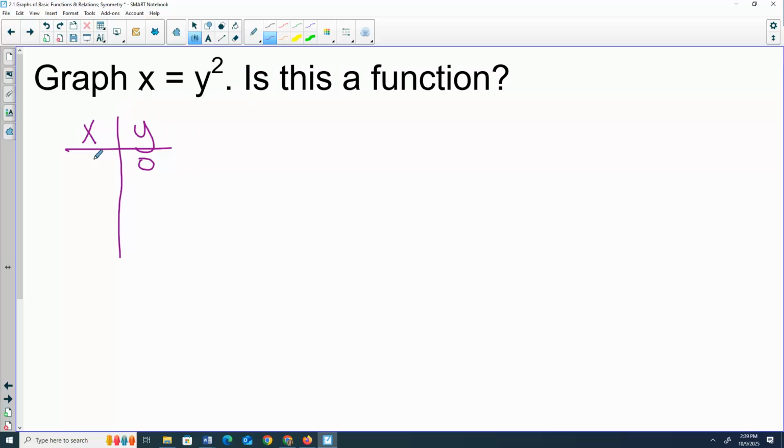So if my y is 0, 0 squared is 0. If y is 1, 1 squared is 1. Y is 2, 2 squared is 4. If I put in negative 1, what do we get out? 1. If I put in negative 2, 4.